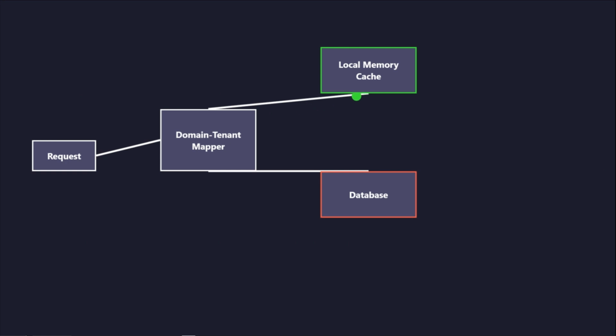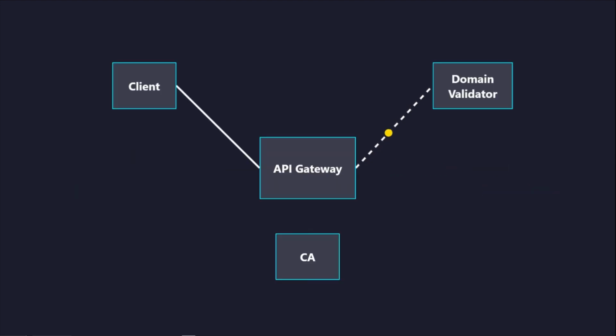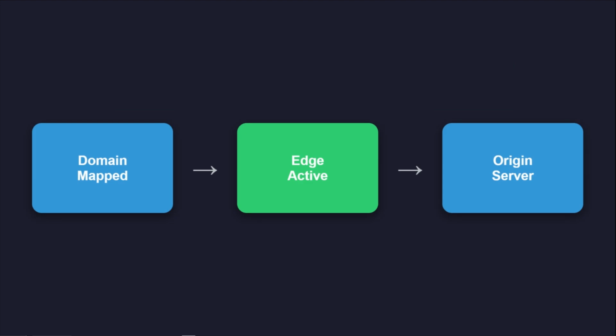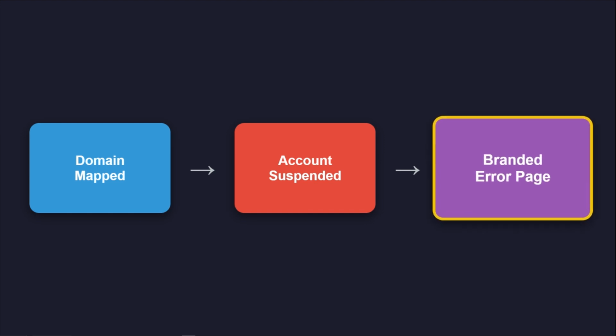Cache the results of domain-to-tenant lookups in a local memory cache to avoid expensive database queries on every single incoming request. Use webhooks to notify the tenant administration panel once the certificate is successfully issued and the domain is ready for traffic. Design your application programming interface to handle domain addition, validation status polling, and manual triggers for certificate renewal. If a domain is mapped but the tenant account is suspended, the edge should serve a branded error page instead of a generic server error.